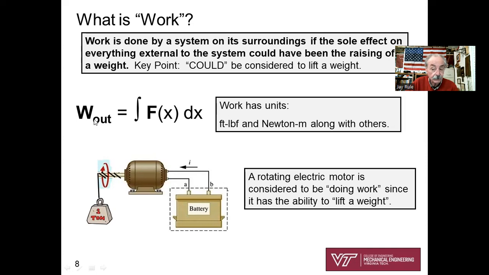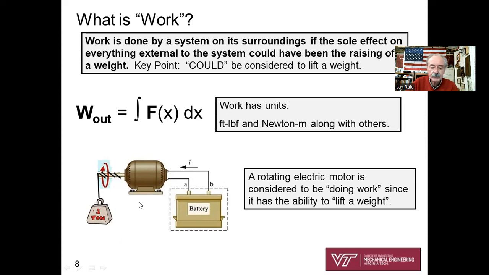I'm going to suggest that you adopt a habit like I have for years and years. This W out, the work done by a system, is the integral of F dx, a force that can be variable moving through a distance. Work is going to have units of foot pounds force, and it'll also have units of Newton meters, along with other units. And you say, well, what about an electric motor?